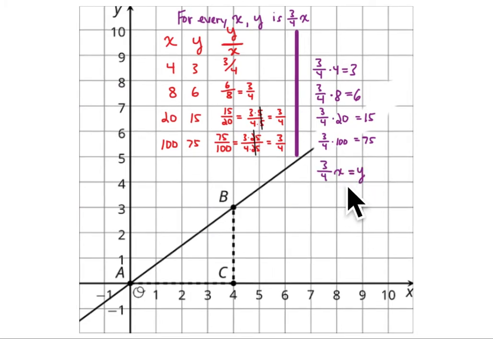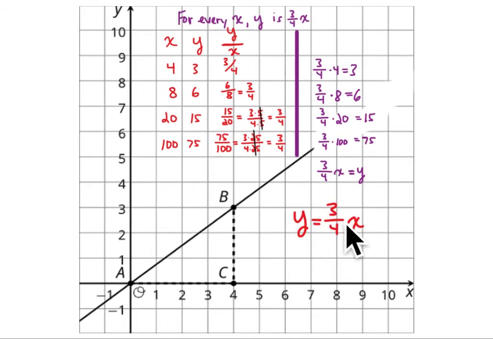So 3/4 of x is equal to y. So we're going to write the rule as y equals 3/4 x. So for every value x, 3/4 of x is going to equal y.